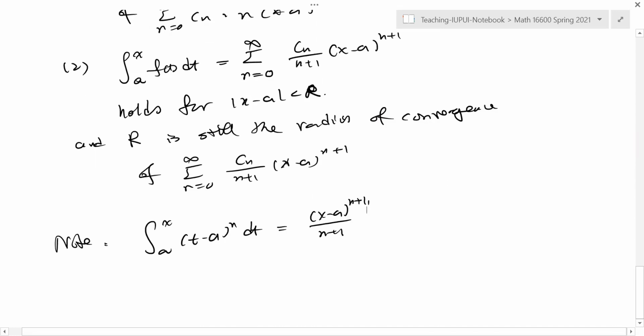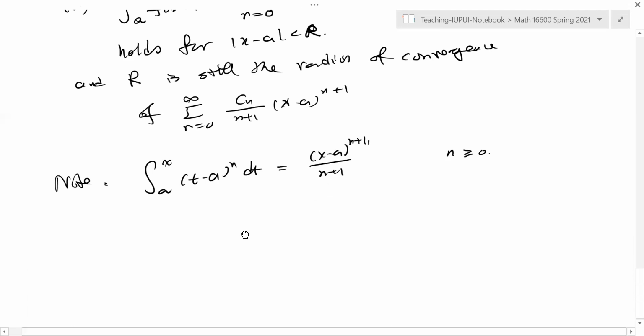All right. Yeah, this is true for n greater than or equal to 0. Okay. Now, I just want to explain to you why the radius of convergence does not change.